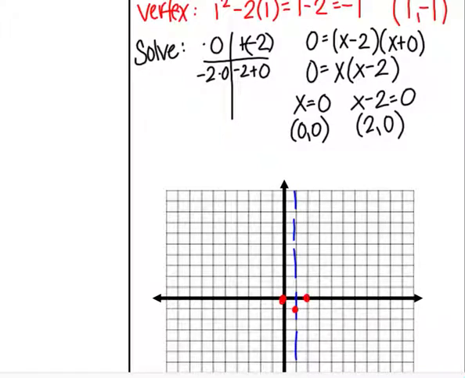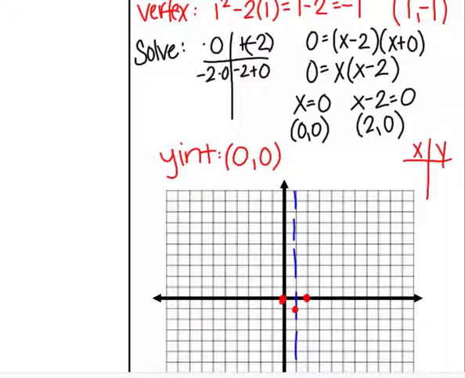And then for my y-intercept, that is going to be 0, 0, because it's already there. So this is the one instance where you're going to have to do something a little different. I'm going to put in an xy table, and I'm just going to go out at this point to negative 1, because I need to go out wider.